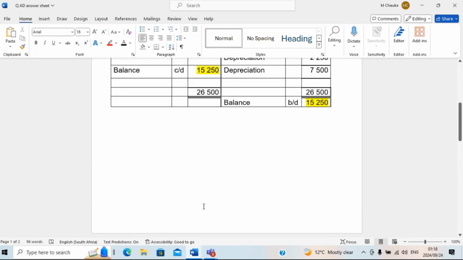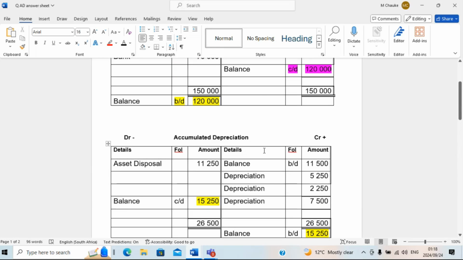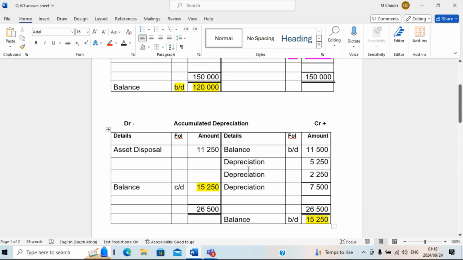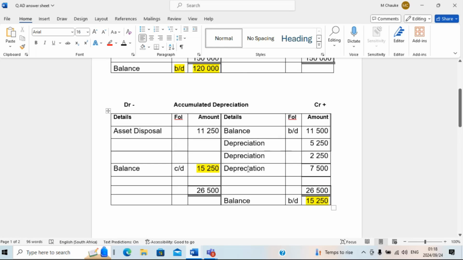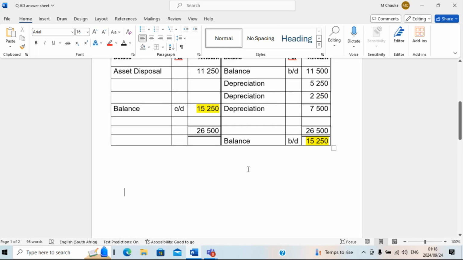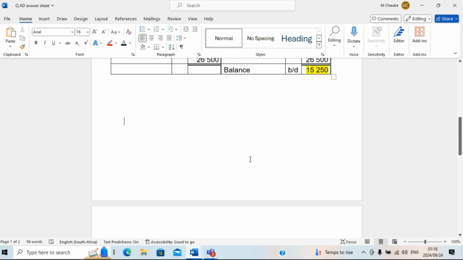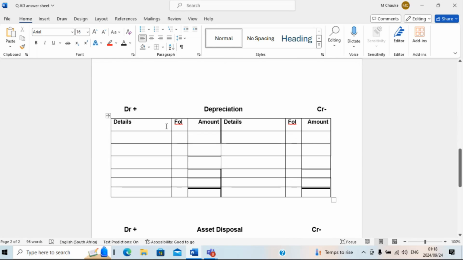On our answer sheet, you just have to use the double entry system or duality principle. These depreciations, when they go into our depreciation account, are going to be called accumulated depreciation.